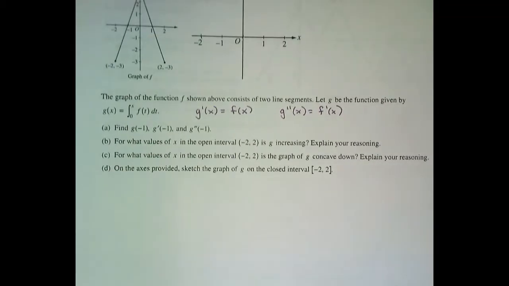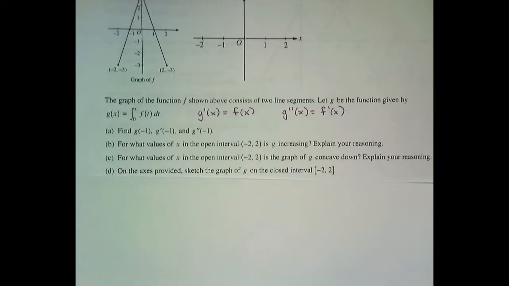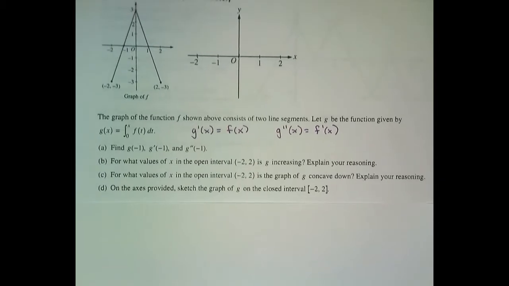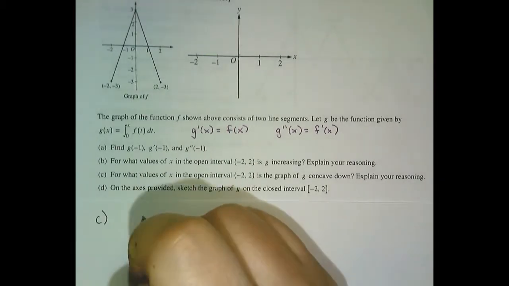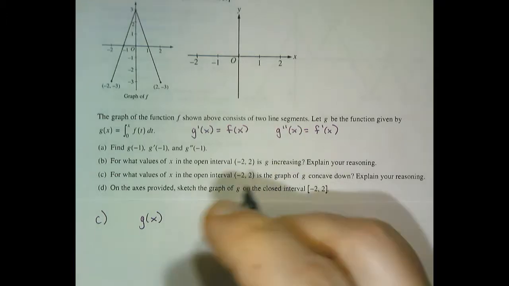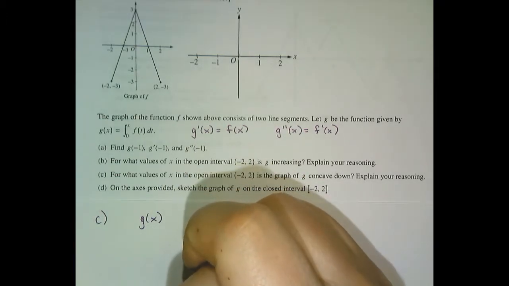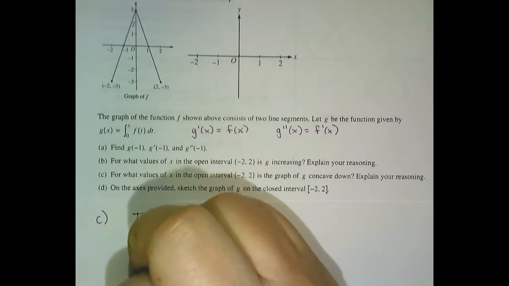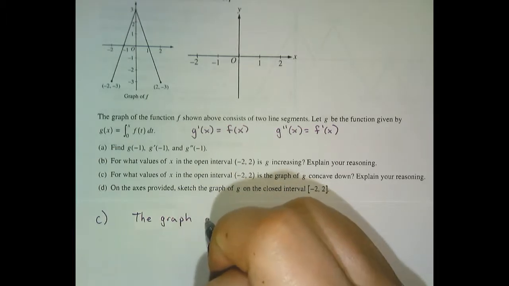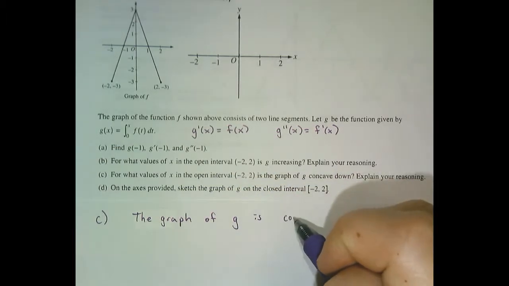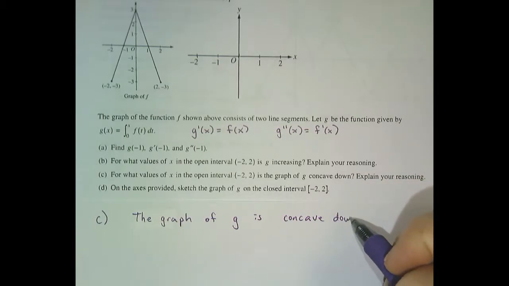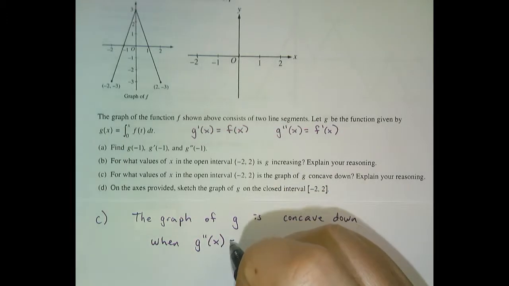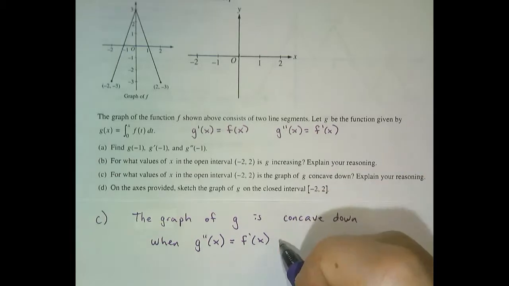All right, let's move on to part C. Part C says, for what values in the interval -2 to 2 is the graph of g concave down? So we're asking a concavity question. The graph of g, let's use precise math language, is concave down when g prime prime of x, which is the same thing as f prime of x, is less than 0.